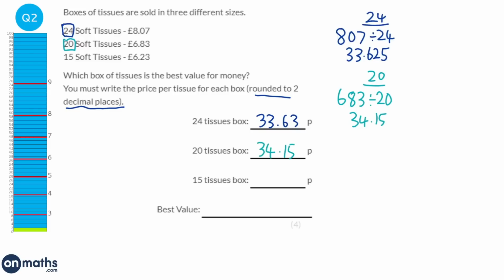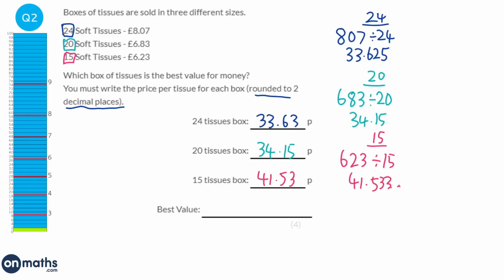And then finally we're going to do the 15 soft tissues. So we're going to do the 623 divided by 15 to find the price per tissue. It should be 41.533 and so on, and rounded would be 41.53.